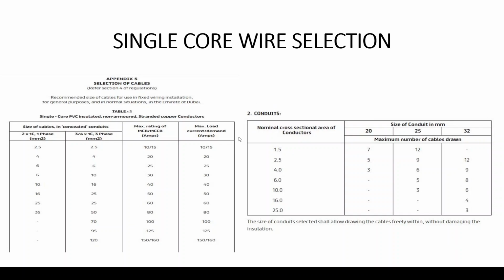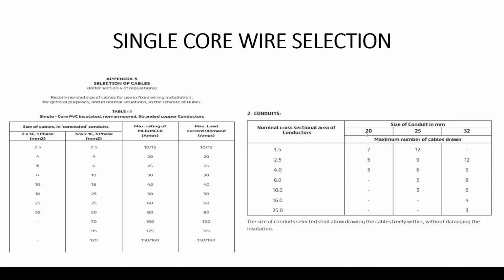So for example, let's say I have a single phase circuit which is fed by a 30 amp breaker. I have 3 number 6 mm. So I look here, I need minimum 25 mm conduit for this circuit.